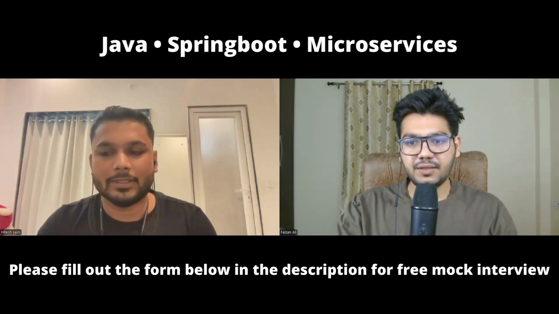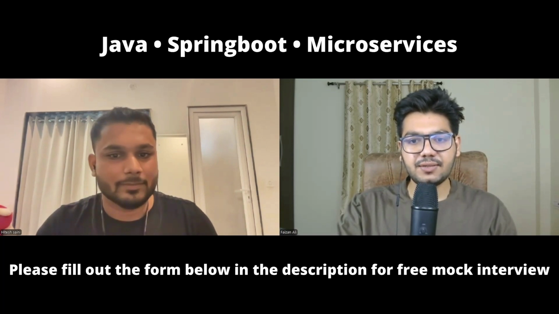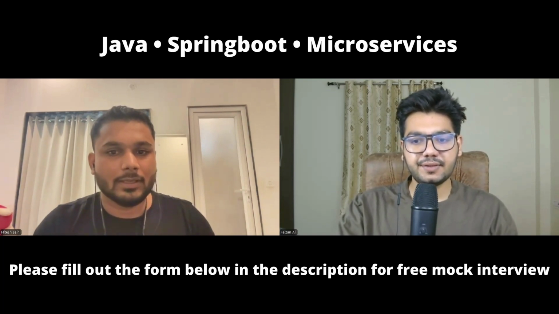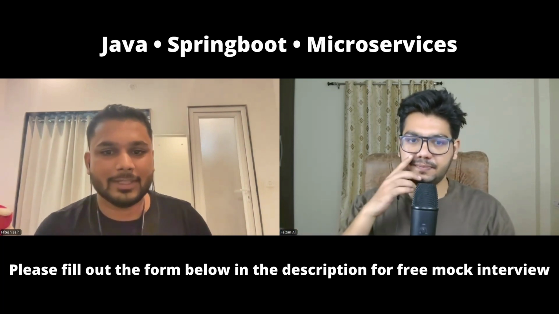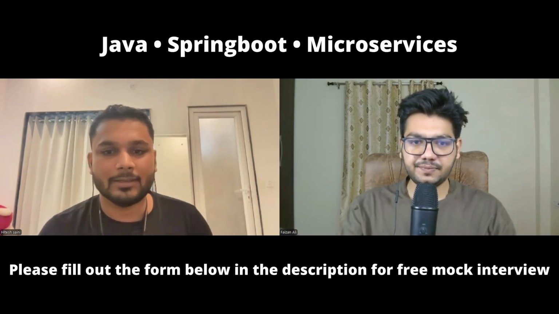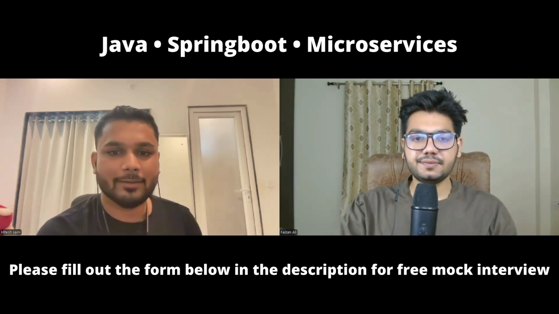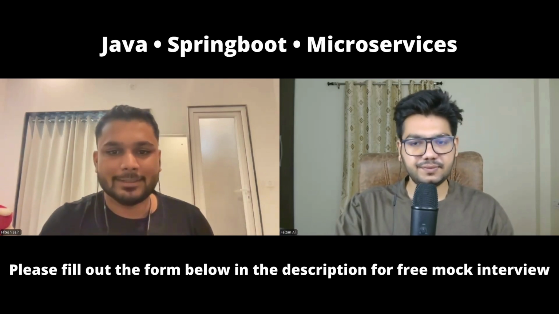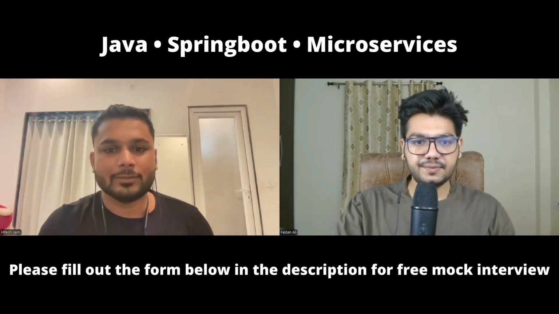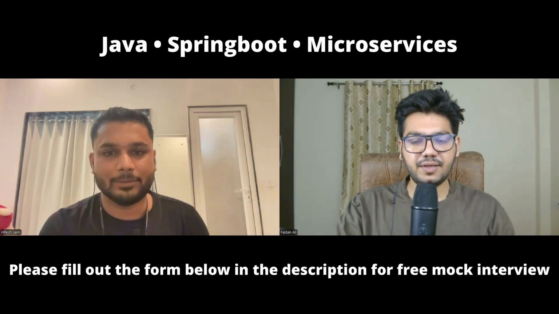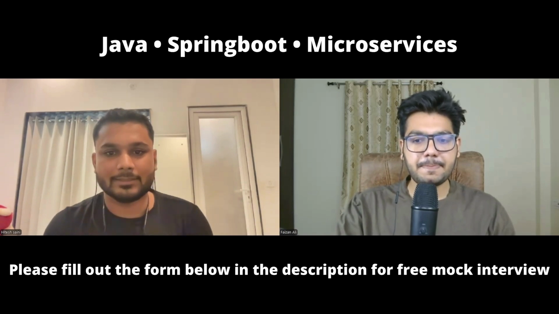So what cache are you using? Actually, we do not handle the caching part, because we have a common module which handles the caching part for us. Basically, we use Redis cache, as I know.